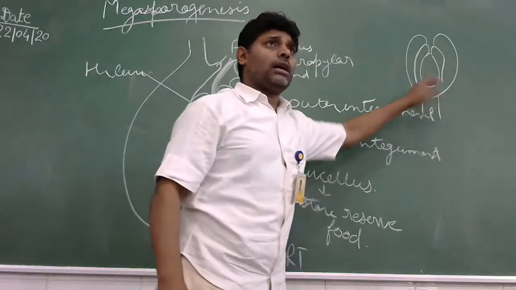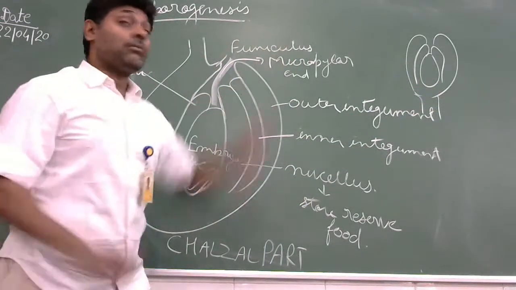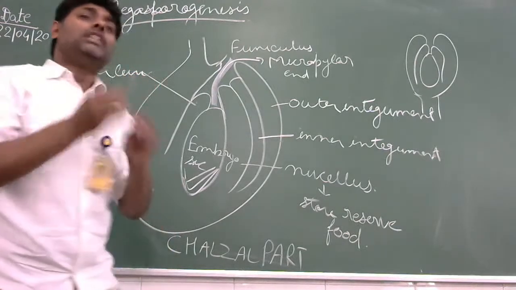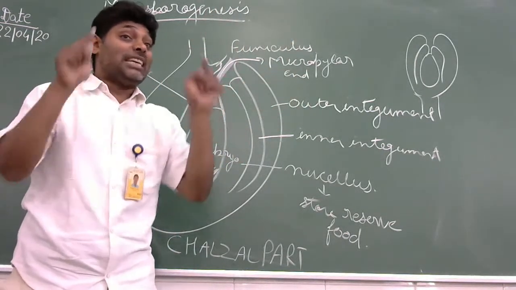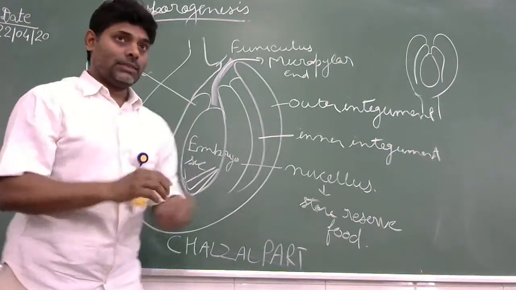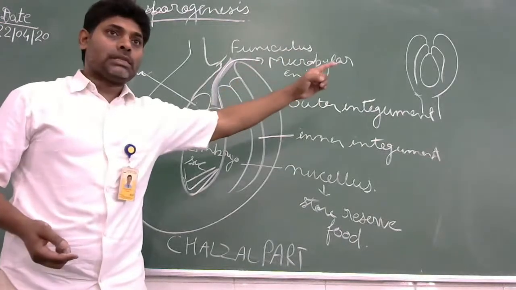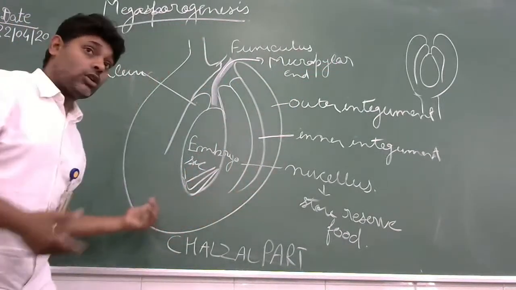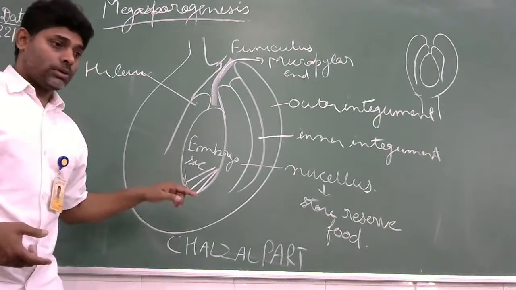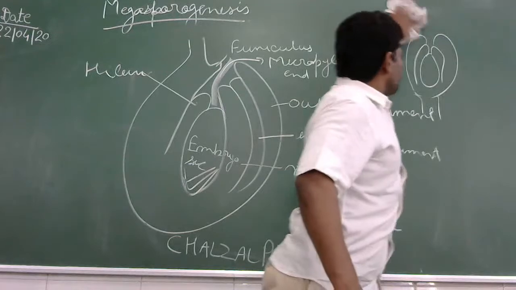Just opposite of the orthotropous is the anatropous ovule. Here may be some horseshoe shape. So different types of ovules are present in different species of plants, right? The main two are anatropous and orthotropous. We will have the detailed study of anatropous ovules in class 12th, right? So we are discussing the anatropous ovule.